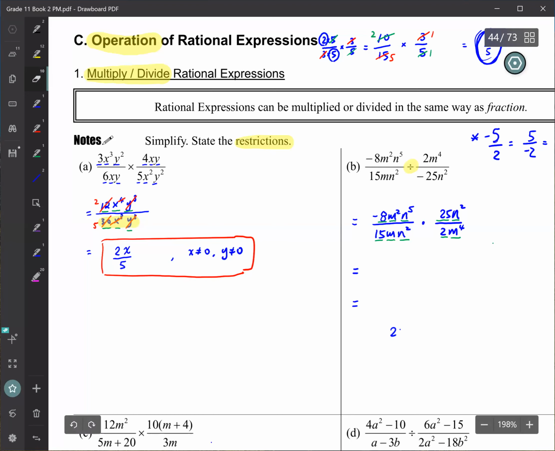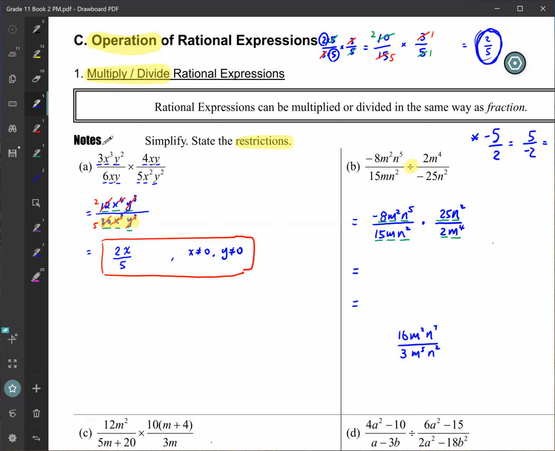Oh, okay. You can just tell me the final answer, okay? I got 16m^2 and 7 over 3m^5 and 2. But what about the variable? You did not simplify the variables?